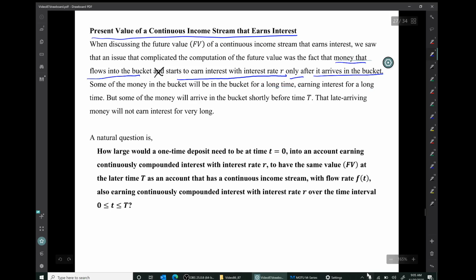Some of the money in the bucket will be in the bucket for a long time, earning interest for a long time. But some of the money will arrive in the bucket only very shortly before time capital T, and that late arriving money does not earn interest for very long.